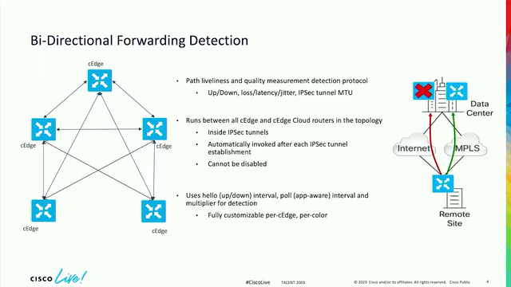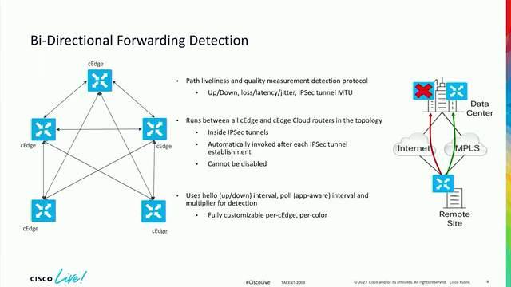Also very important, we are not only going to monitor if everything is up or down, we also need to store information. So we can have two tunnels, two BFD sessions between two different sites. That means if we store the information, we can know which is the best path. And with a policy, we can actually change the way we're forwarding the traffic. So that's why it's very, very important.